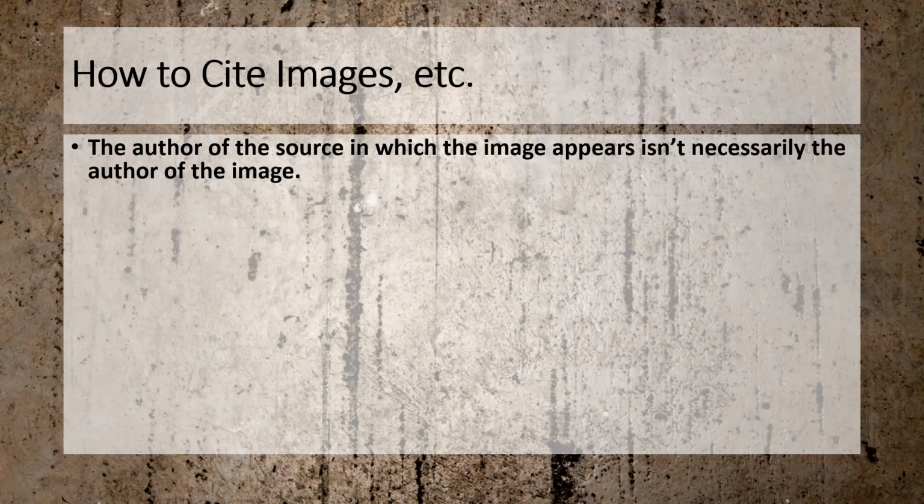So a lot of times you may go to some online article and there's a photograph. People make the mistake of thinking, oh, the author of the article is the author of the photograph. No, probably not. Just because an image appears on a website doesn't mean the person who created that website or online article took that photograph. In fact, most of the time it's not, right? So the author of the source in which that image appears isn't necessarily the author of the image.